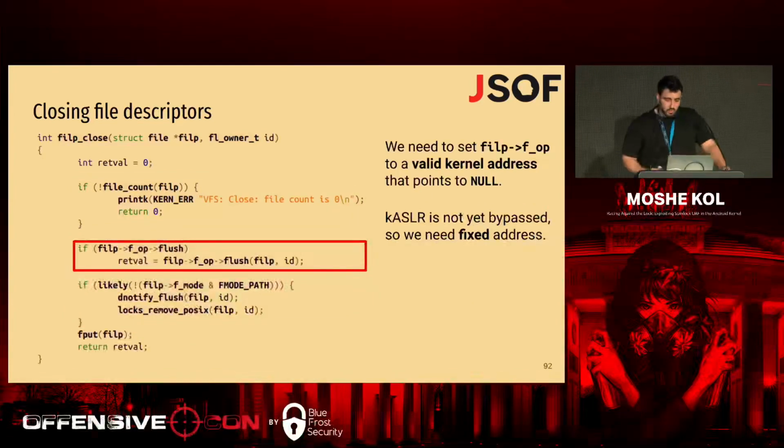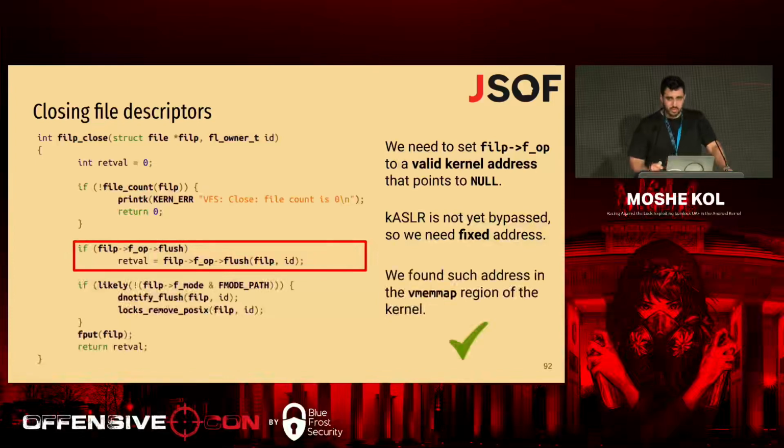But this is more tricky because at this step we haven't broken KASLR yet. So what we need here is a valid kernel address which points to null, and we need this address to work on multiple devices. Indeed, we found such an address in the vmemmap region of the kernel. The vmemmap region is a region in the virtual address space of the kernel which contains an array of struct pages that basically describes physical memory.